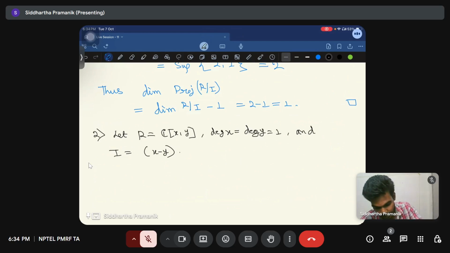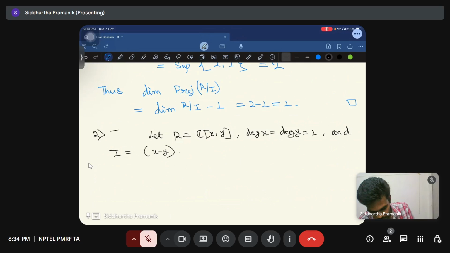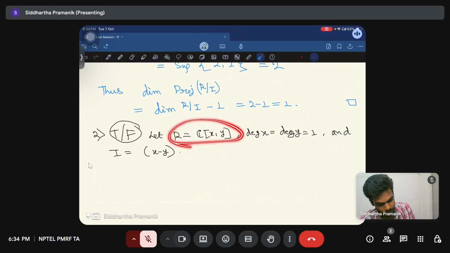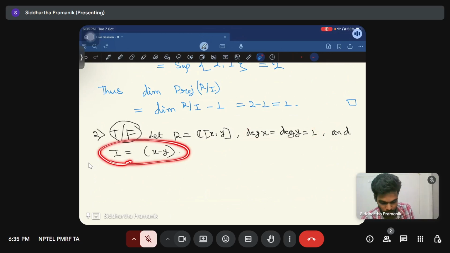Okay, so this is a true false type question. I forgot to mention. So this is true or false. So R is this polynomial ring with standard gradation, and I be this homogeneous ideal generated by x minus y.